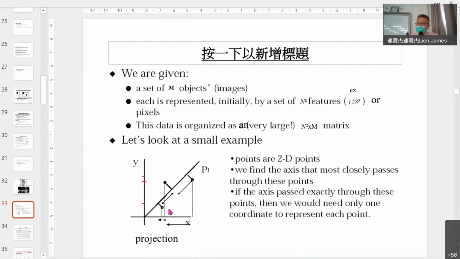You need to find a space that separates the objects as far apart as possible. That is PCA. After we do the PCA, you'll find this eigenvector can separate the 3 points as far away as possible. So that's the concept of PCA.